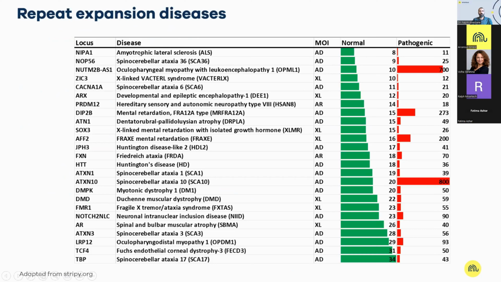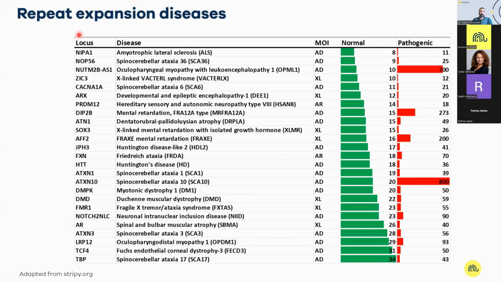For instance, the first one, on top, is amyotrophic lateral sclerosis, which involves the NIPA1 gene and is inherited in an autosomal dominant manner. It consists of 8 repeats. And when these 8 repeats are expanded to more than 11 repeats, then this results in the disease.